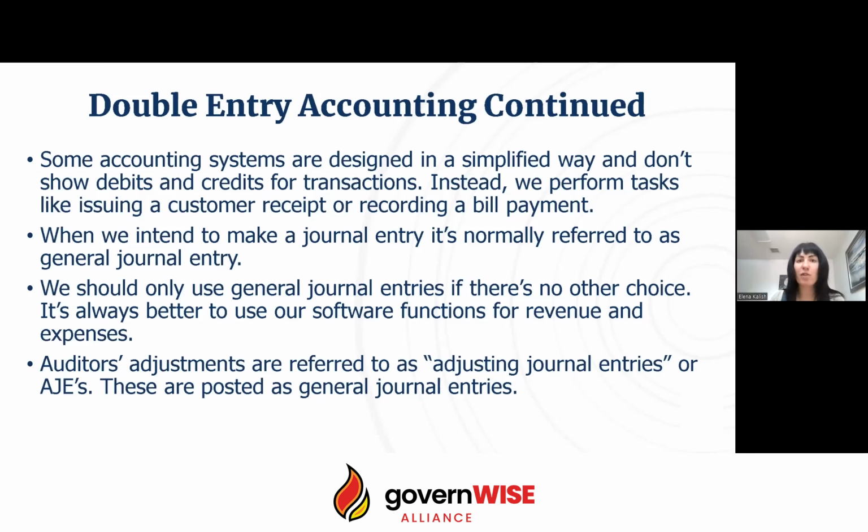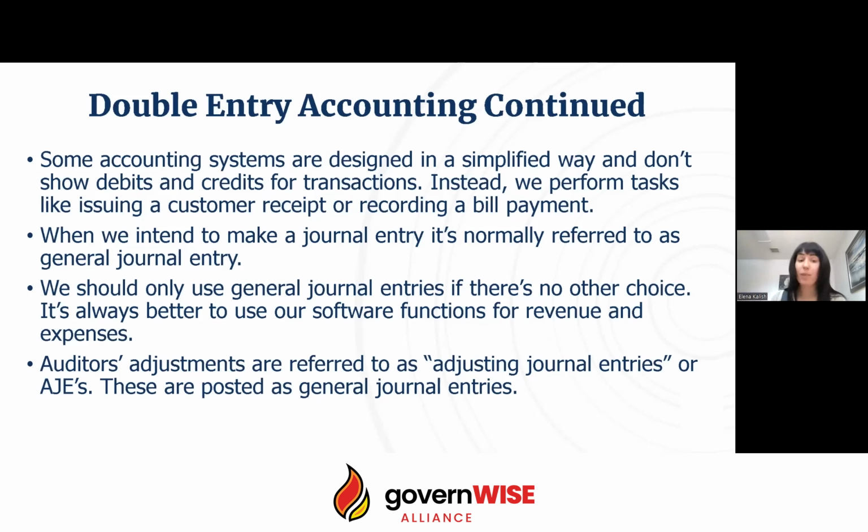If somebody wanted to manipulate the records, they would likely use general journal entries instead of the rest of the software functionalities. So the more general journal entries we make, the more work the auditors are going to do, and the higher our audit bill would be, and the higher is the hassle for us at the audit time, because of course they're going to come back to us and ask us all the questions about the journal entries.